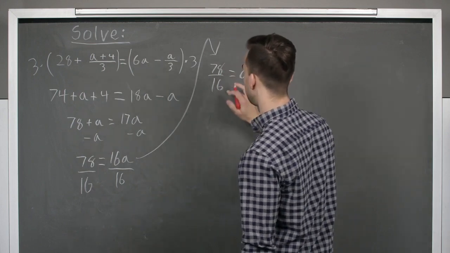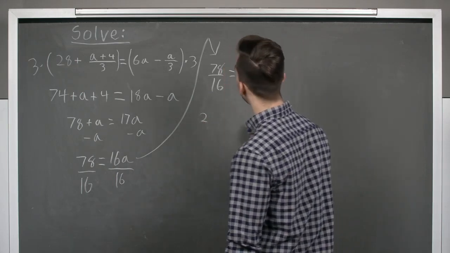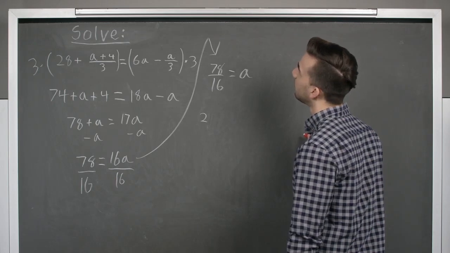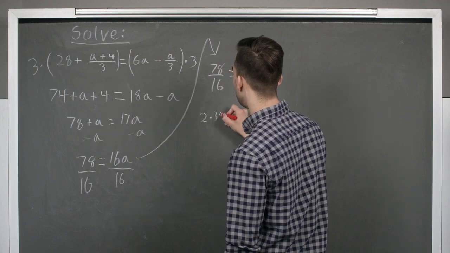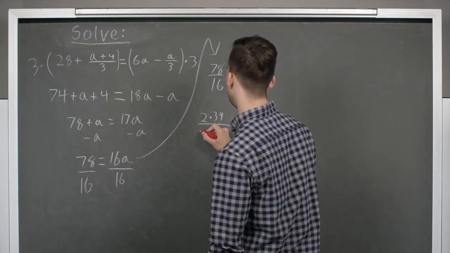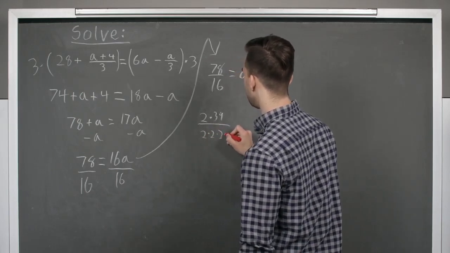So I'm just going to keep simplifying this number here in my head. Let's just factor it out. What's 78 divided by 2 is, that gives us 39, which I think is a prime number. So that's as far as we can factor that out. And then 16 is 2 times 2 times 2 times 2.